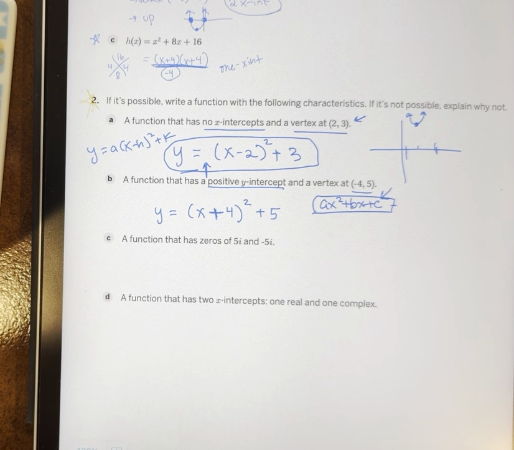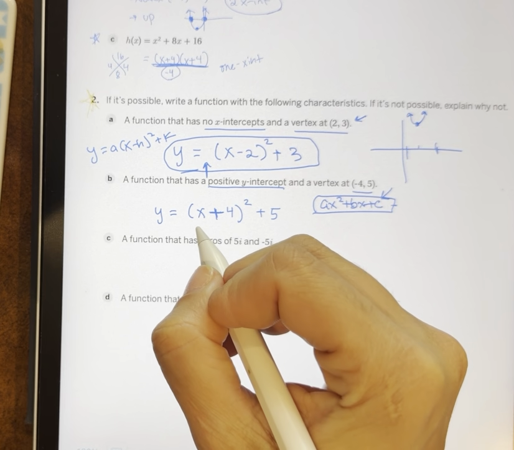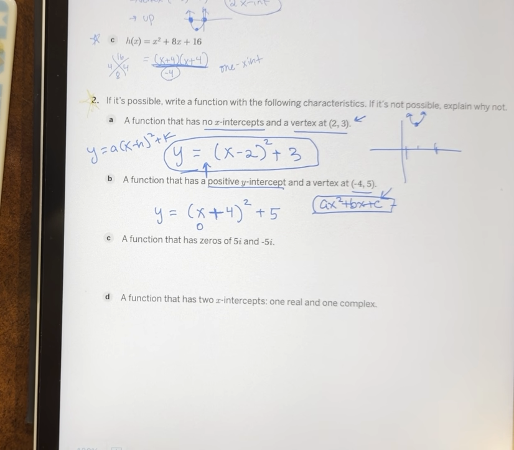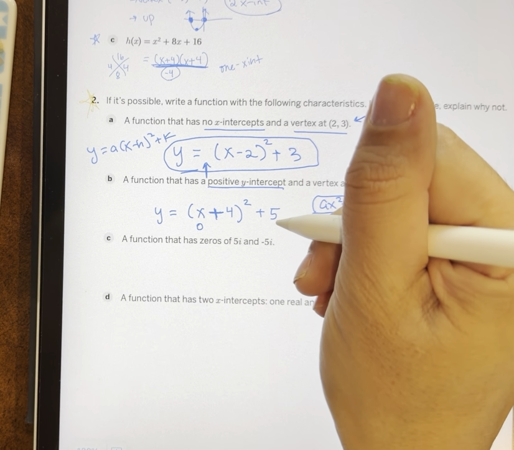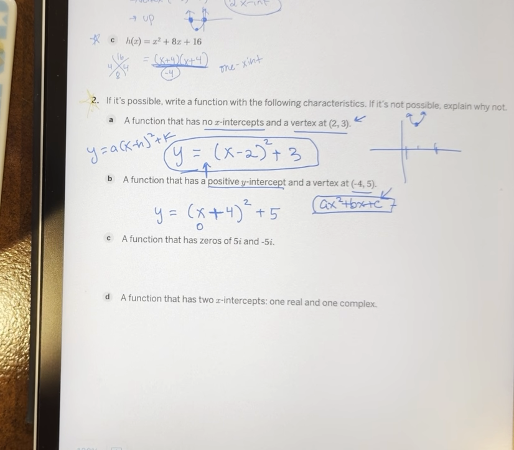And so if it's positive, so is my y-intercept. Okay? If that made sense, fantastic. If it didn't make sense, just plug in a 0 for x and do the math. 0 plus 4 is 4, squared is 16, and 16 plus 5 is 21, which means the y-intercept is 21, and it's positive.